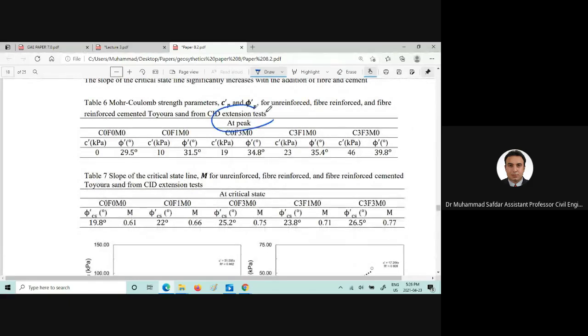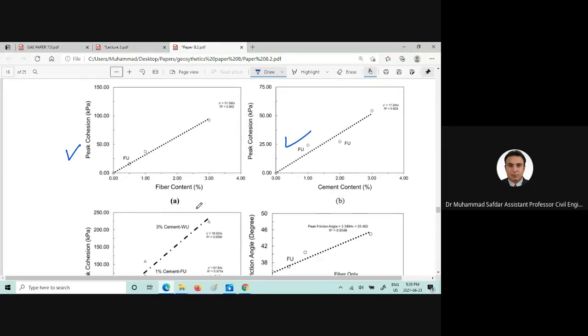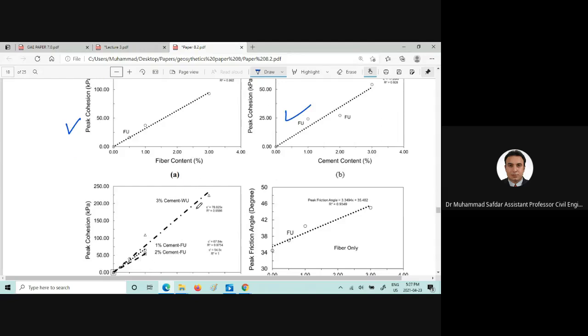So you can see these are the extension test results that we found, and the peak cohesion data from Kyushu University, the partner collaborative university of the project with which I was working.